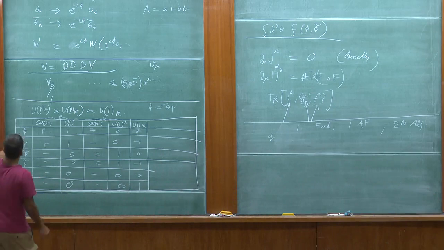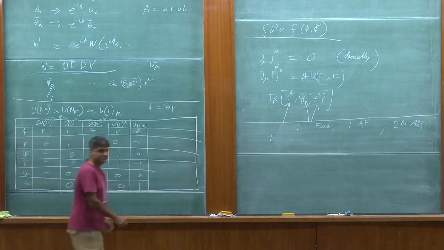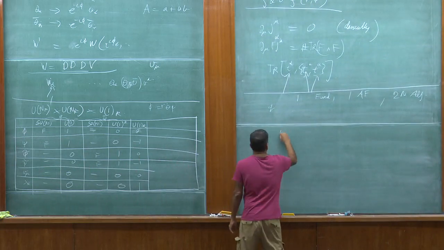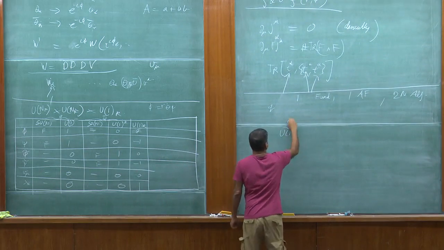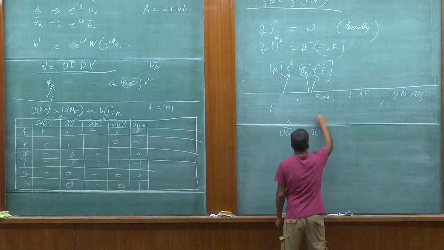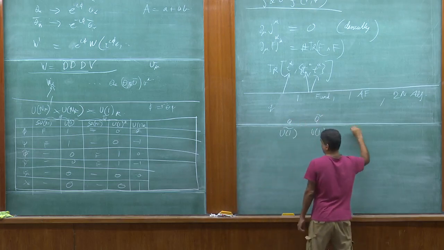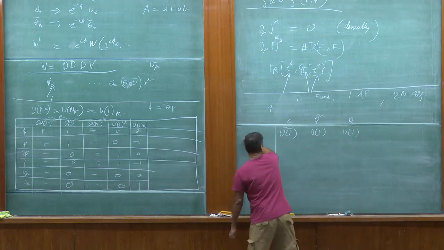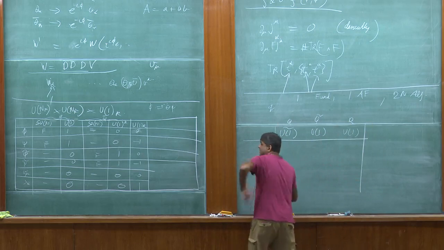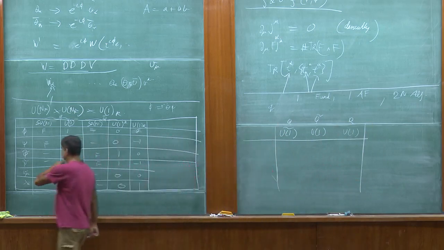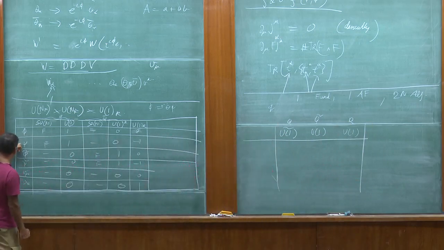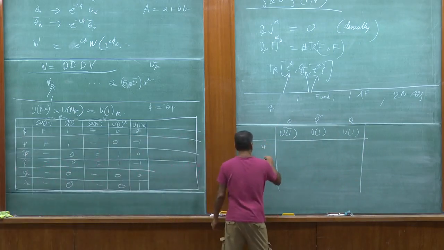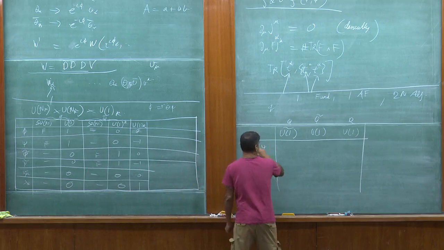Why don't we do it for each U1 separately? Okay? So what we're going to do is to compute U1 from Q's, U1 from Q tildes, and U1R. And we're going to compute the contribution of the 3 chiral fermions in the game, which are psi, psi tilde, and lambda.